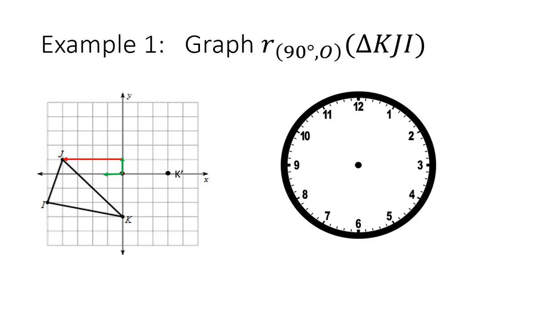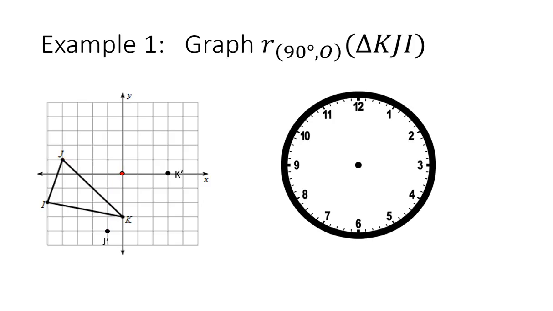And then I'm going to follow with my red arrow, and it's at 9, and so when I rotate it, it's going to be pointing towards the 6 on the clock, and it's going to be pointing down 4 units. And so my point J becomes J prime right there.